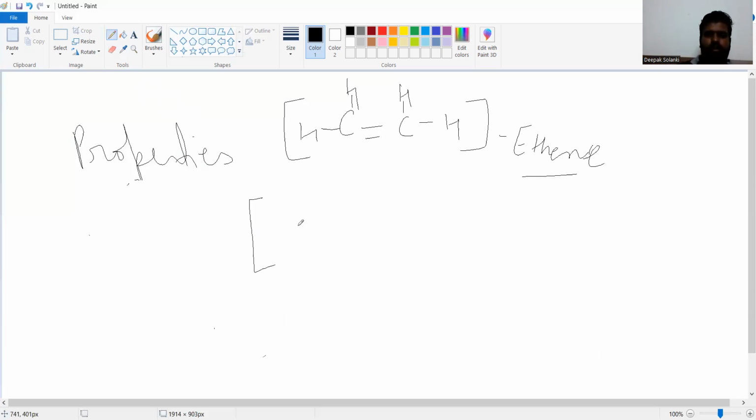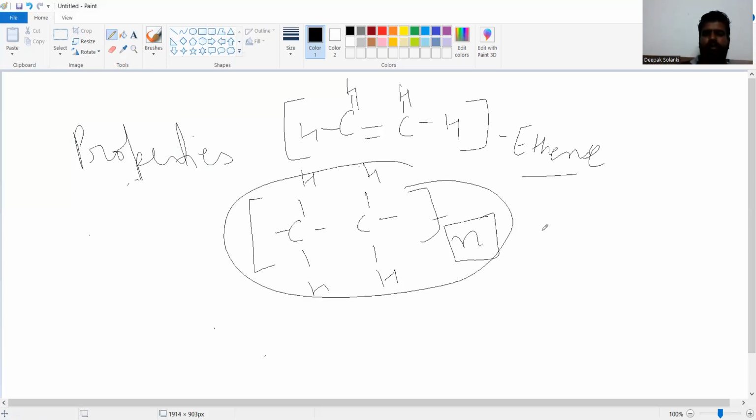C single bond C, with H, H, H, H. And here is the number of chains. This is one monomer. It will multiply and make polymers. So this property is known as polymerization.